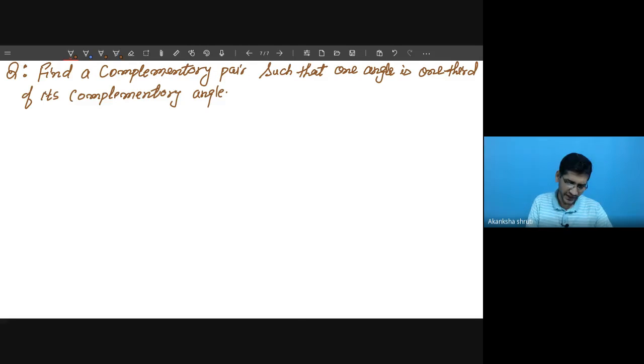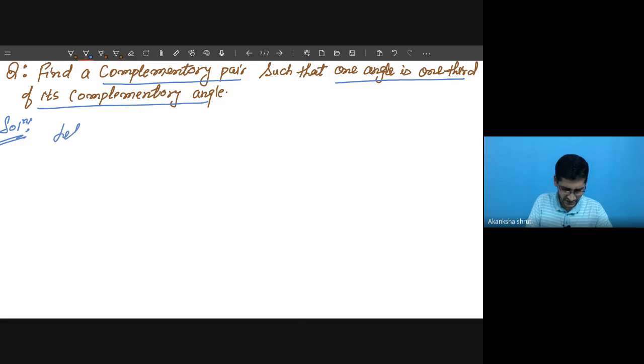Students, here we have to find two angles and the relation is given. The term complementary angle is used here, so this is important. Find a complementary pair. The condition given is that one of the angles is 1/3 of its complementary angle. For solving this, you have to assume one angle.